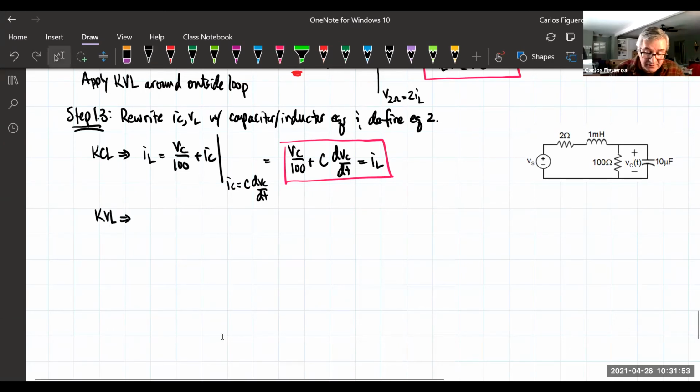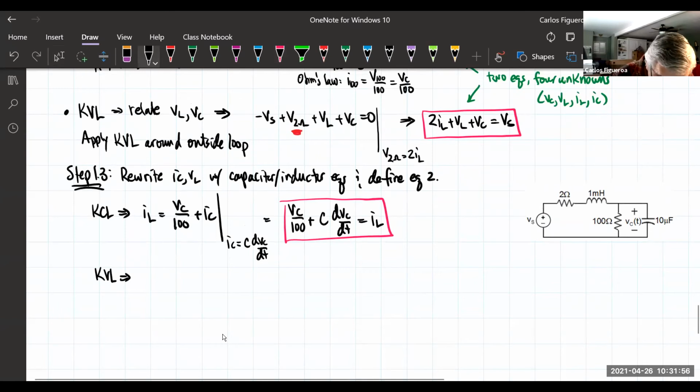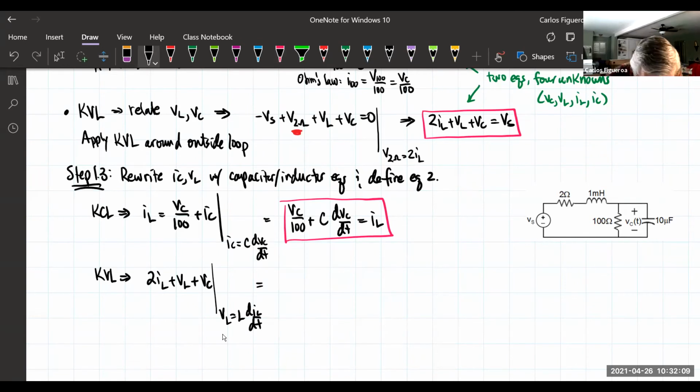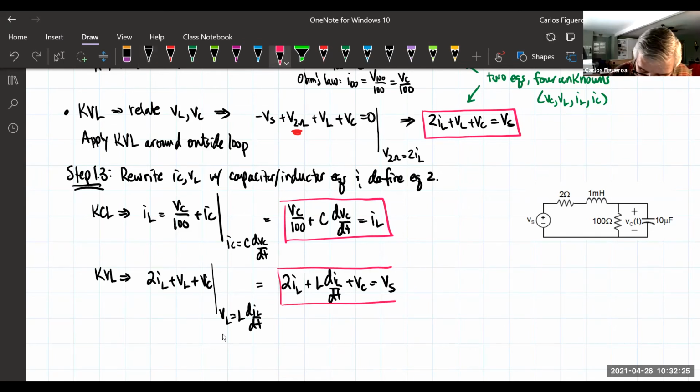Now go look at KVL. If you look at the equation, it reads 2IL plus VL plus VC. Now look at VL. It should be L di/dt. If I write that in there, I'm going to get 2IL plus L di/dt plus VC, and this must be equal to V source. So now I've converted these.